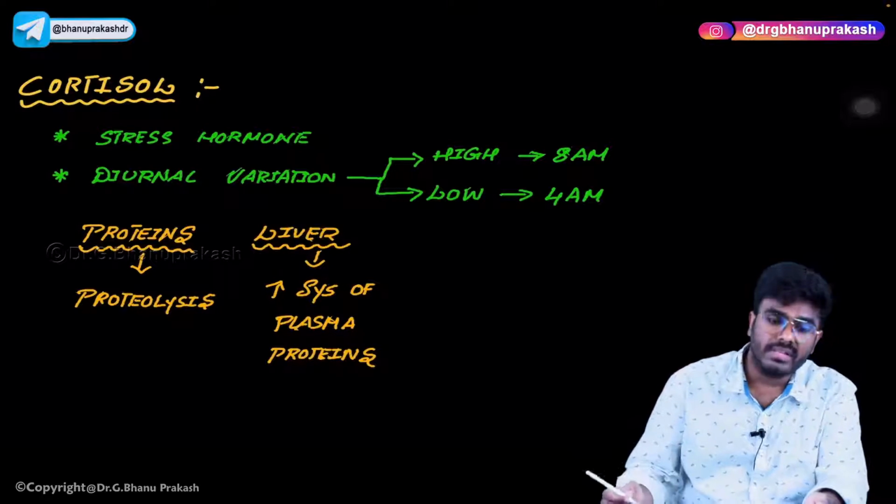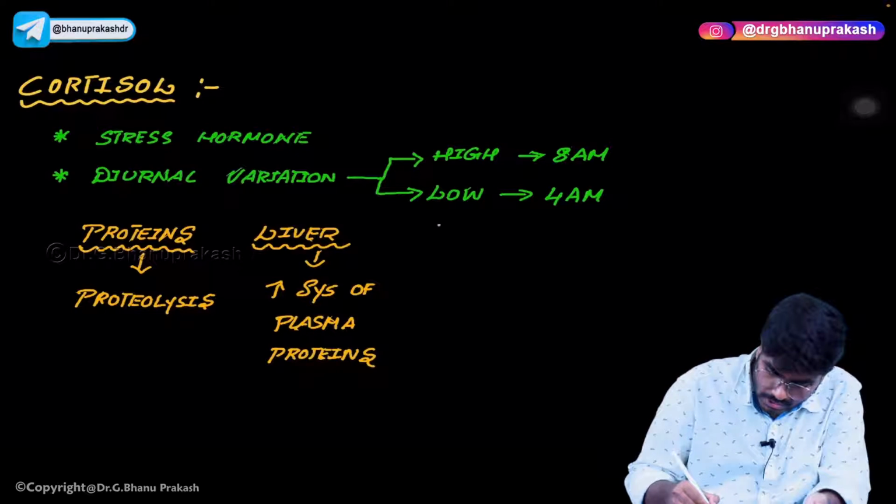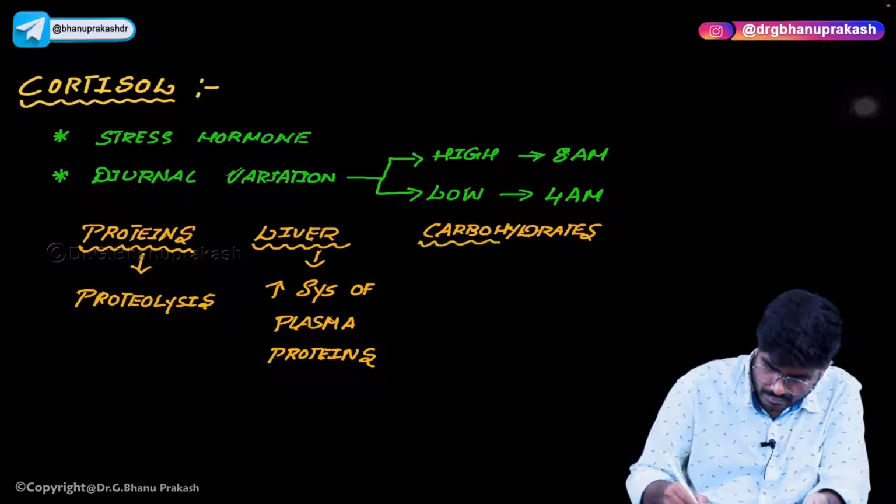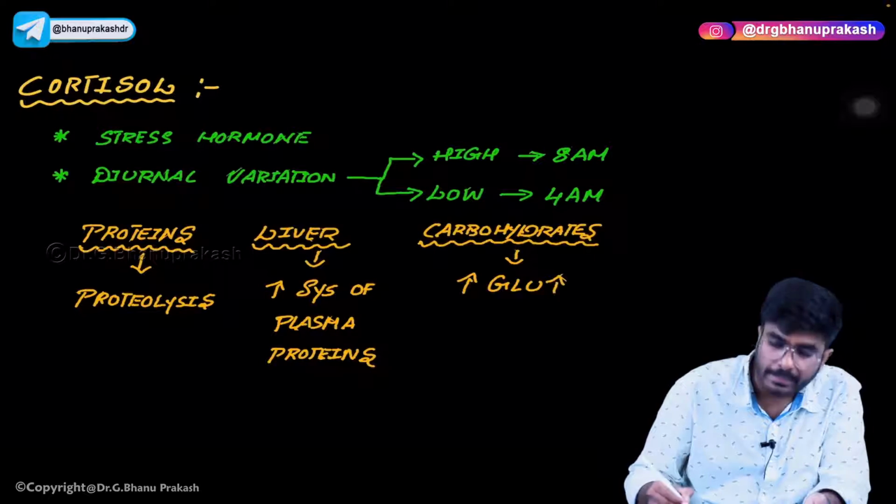Okay guys, now after this let's talk about the actions of cortisol on carbs, carbohydrates. Now what happens? Under the action of cortisol, there will be increased glucose levels. The glucose will be elevated. How?